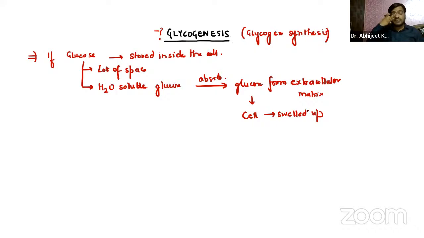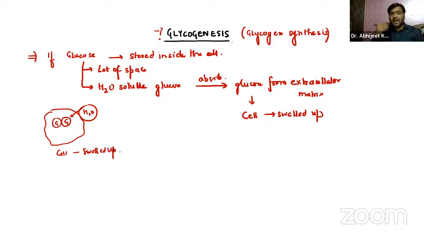That is one of the reasons: it requires a lot of space in the body to store. Secondly, glucose is water soluble, so whenever the cell tries to absorb glucose from the extracellular matrix, the fluid will come into the cell and the cell will become swollen. The glucose inside the cell will also attract water from the extracellular fluid, and the cell swells up.